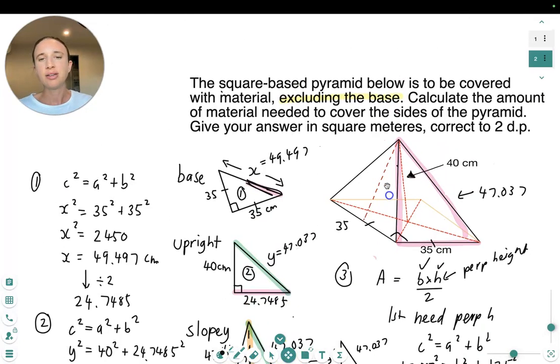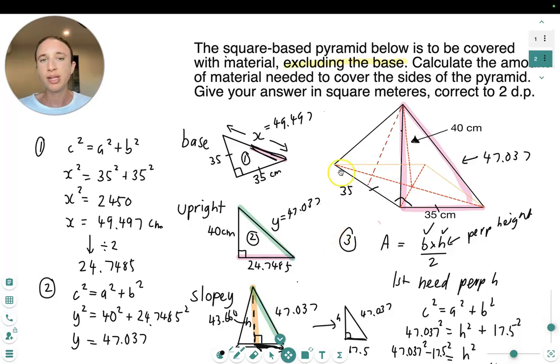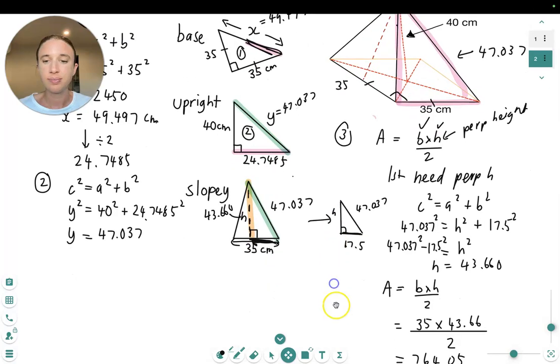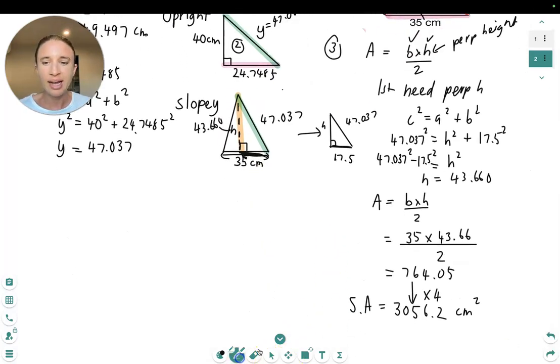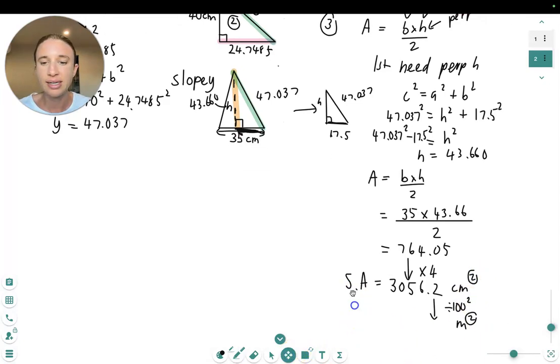We're going to get area in square centimeters. Now we check the question again for the number of decimal places and the units. It says answer in square meters. So, how do I get that into square meters? Well, centimeters to meters, divide by 100, but we want centimeters squared to meters squared. So we're dividing by 100 squared, which just means move the decimal 4 places to the left, because 100 times 100 is 10,000.